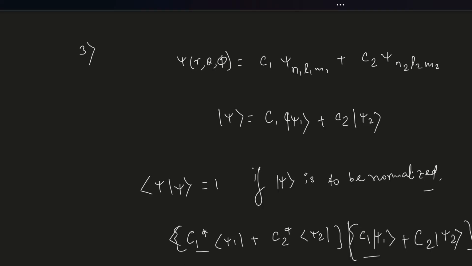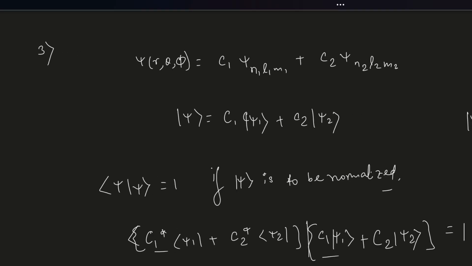Similarly, the second term will be c1 star c2 psi 1 psi 2, which goes to 0 because they are orthogonal to each other. Then c2 star c1 psi 2 psi 1, which also goes to 0 because of orthogonality. Then mod c2 squared, which is c2 star c2 psi 2 psi 2, will also go to 1 because they are normalized.